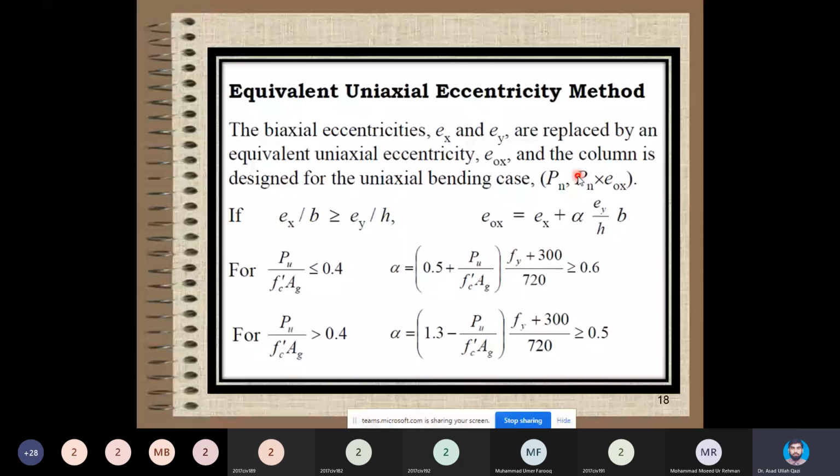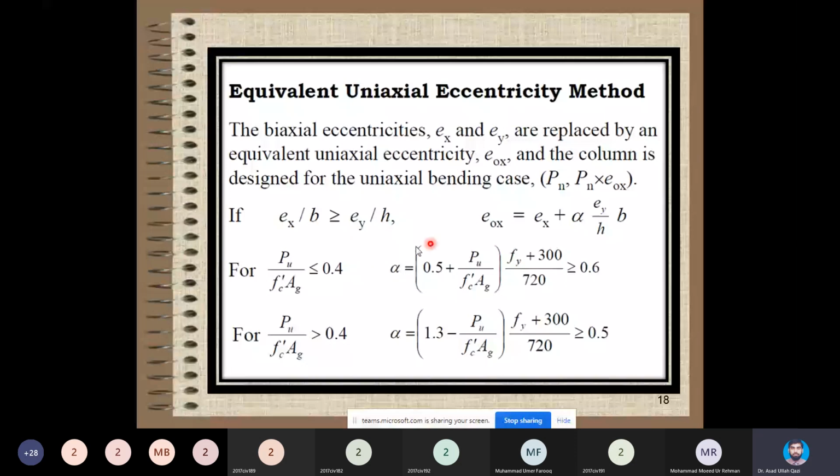Now, how to get that e0x? Although in this slide e0x is shown, you can also get e0y. When you will be working on e0x, and in what cases you are required to calculate e0y, that is discussed underneath. What is e0x? If, for example, you have the individual eccentricities, and Ex is present along the dimension B of the column and Ey is present along the dimension H of the column. Suppose the column has rectangular geometry B and H, B along the x-axis, H along the y-axis.